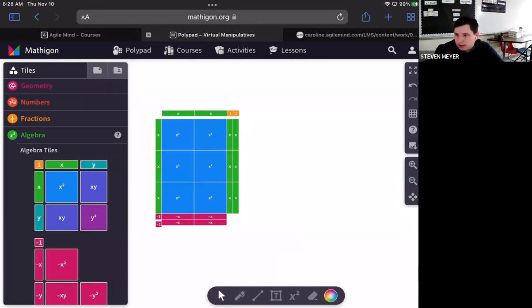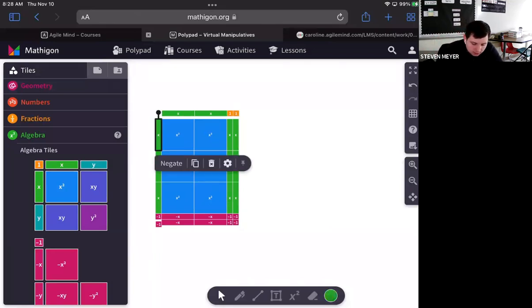And then on the bottom right, I have 1 times negative 1, which equals negative 1. So negative 1, 2, and then need 2 more. Negative 3, negative 4. So then my answer is what is left inside.